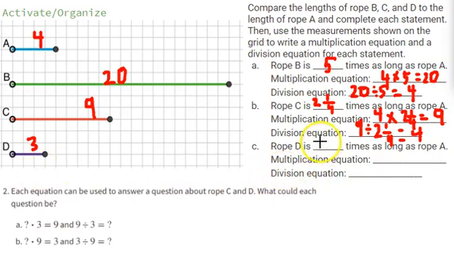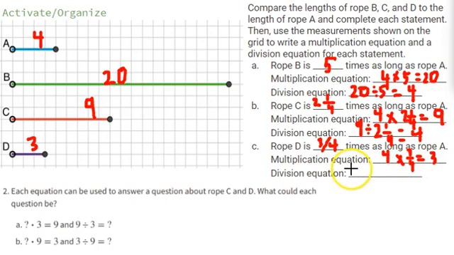Yeah, rope D is 3/4 times as long as A. Because think about it, if you take 4 times 3/4, you're going to get 3. So if I take 4 for A, multiply it by that 3/4, that gives me 12/4, which is the same as 3.